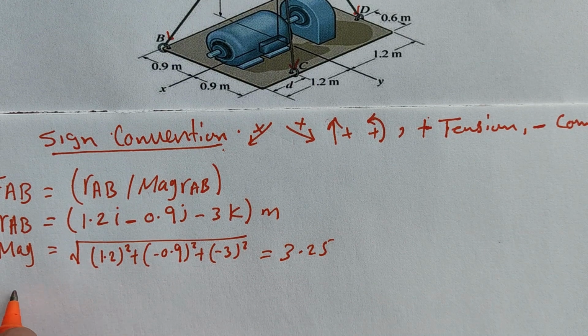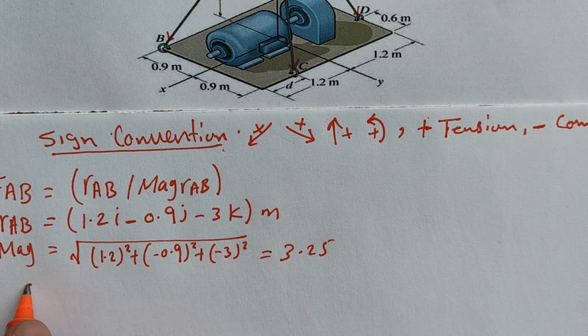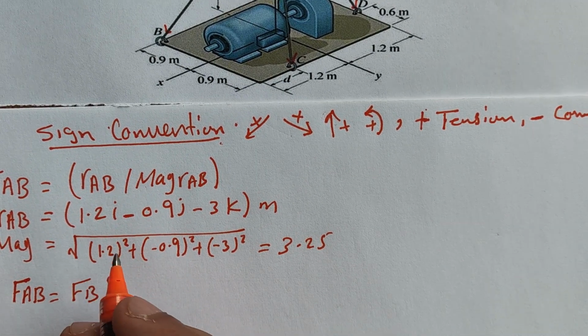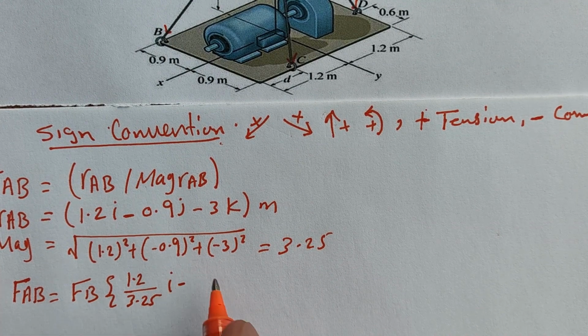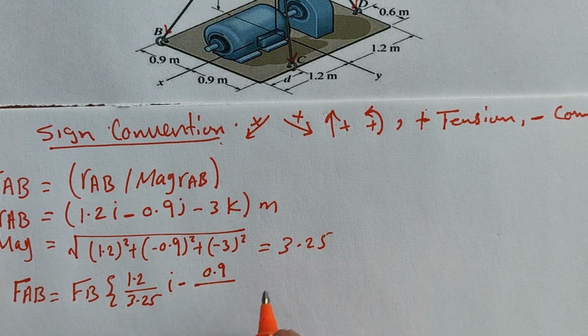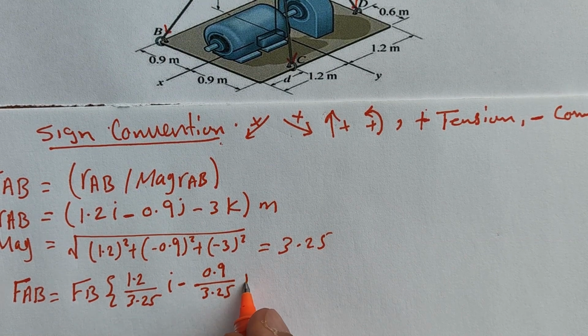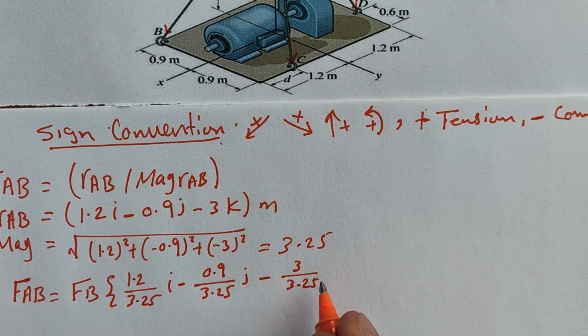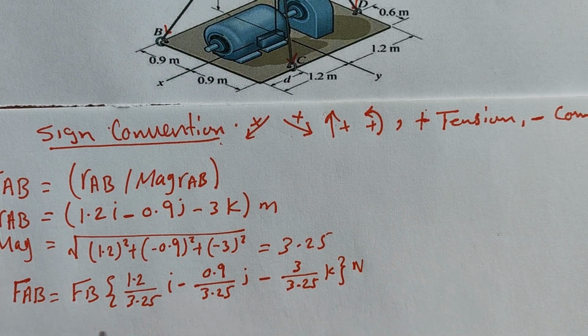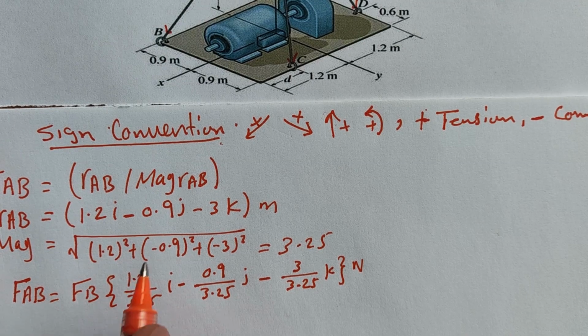The force in cable AB will be FB, multiplied by 1.2 divided by 3.25 i, minus 0.9 divided by 3.25 j, minus 3 divided by 3.25 k. So this is how to represent the force in a Cartesian form.